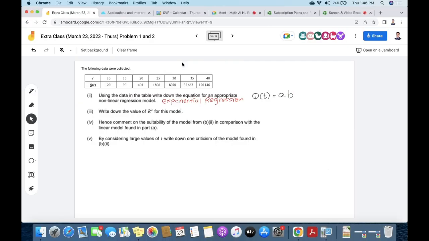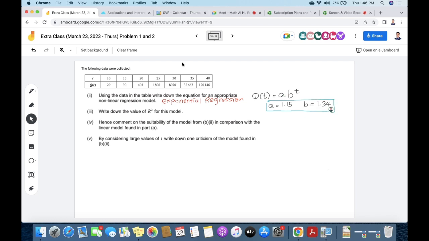Represented as t. And from the calculator, a is equal to, maybe you can look at your calculator there, two decimal places, 1.15, correct? And b is 1.34. These are now the values that we've got based on our exponential regression.